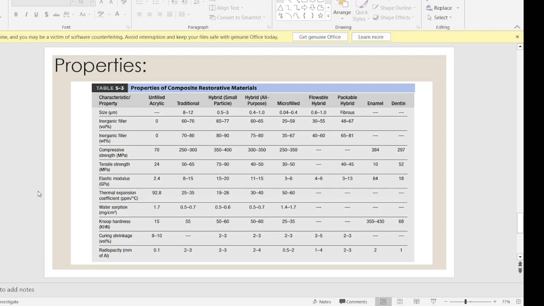Other than that, we have the inorganic fillers. As compared from the traditional one to the hybrid one, the volume percentage of inorganic filler becomes less, and also in cases of larger particle size, we need more inorganic filler particles.